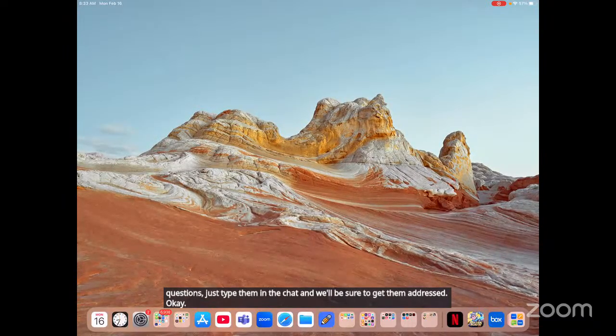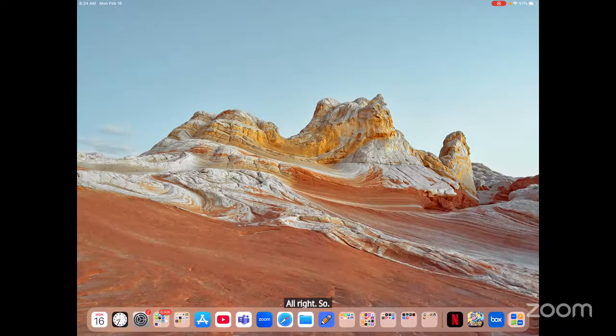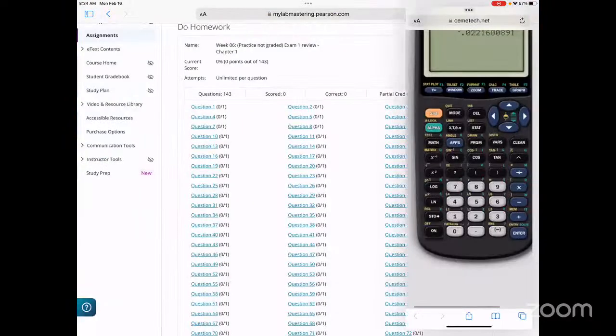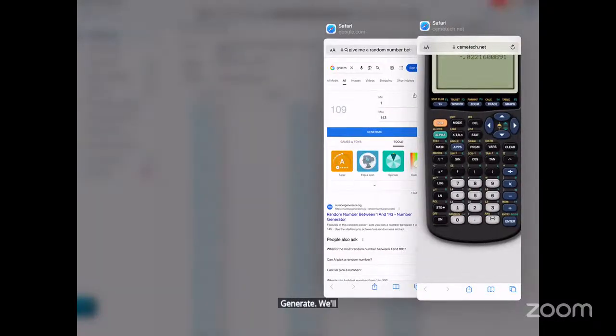All right, let's hop over here. Generate. We'll start with question 86.